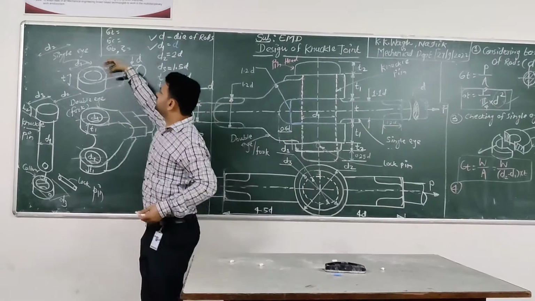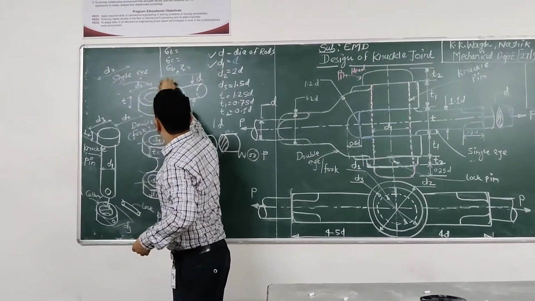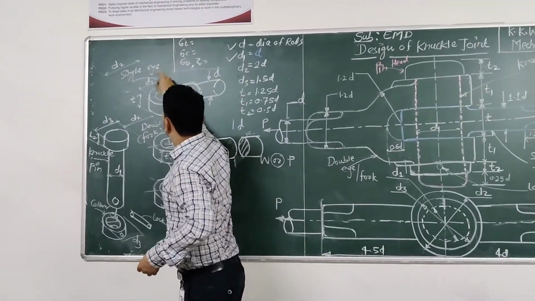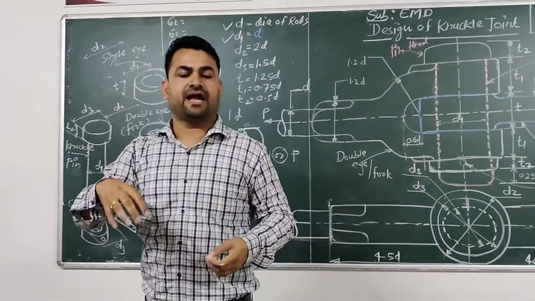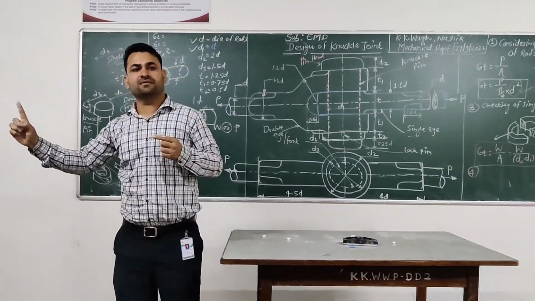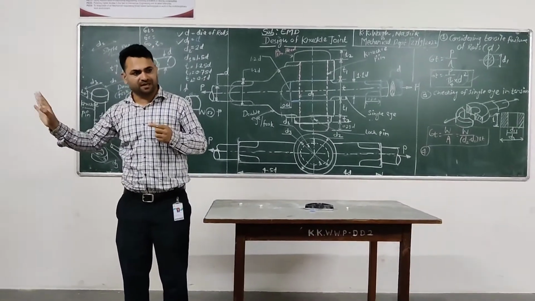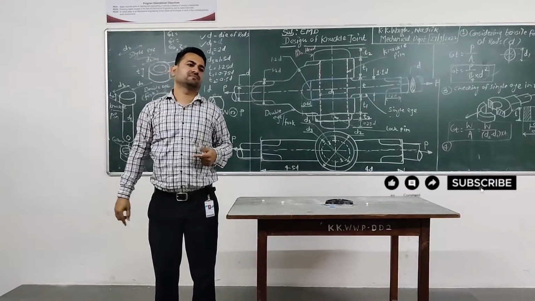Imagine the pin is passing like this. As the tractor is moving in the forward direction, what happens if the driver has to apply the brake suddenly? The tensile load will convert into a compressive load.